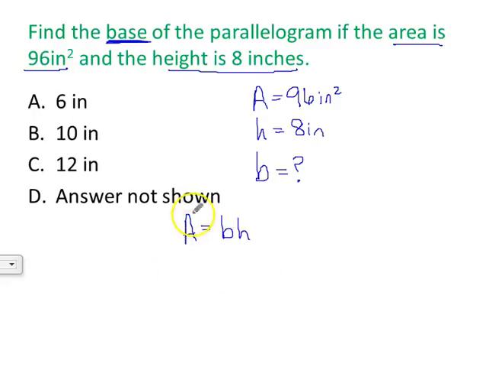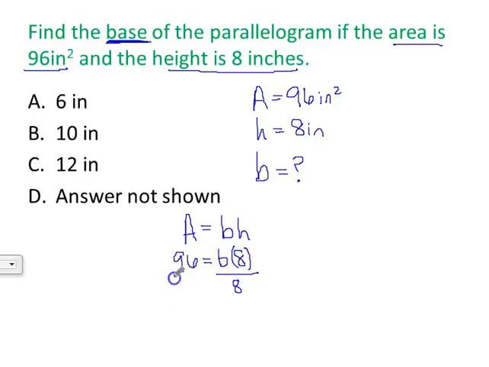So the area is 96 inches, so I'm going to substitute in 96 for A. We don't know the base, that's what we're trying to figure out, so I'm going to leave it as b. And then the height is 8 inches, so I'm going to substitute in 8 for height. So remember, b is being multiplied by h, so b is being multiplied by 8. So to get b alone, how do I do that? I do the opposite of multiplying, which is dividing.